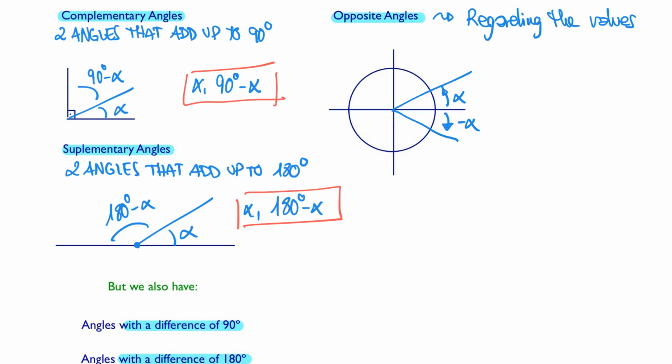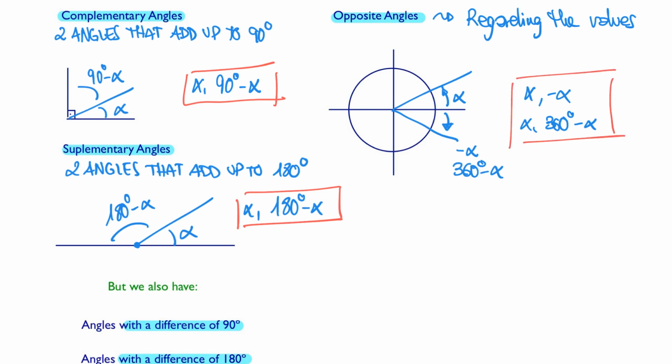Negative alpha is this angle which has the same trigonometric ratios as 360 minus alpha, isn't it? So our pair is alpha and negative alpha, or alpha and 360 minus alpha. So when we have this pair of angles, we are talking about opposite angles.